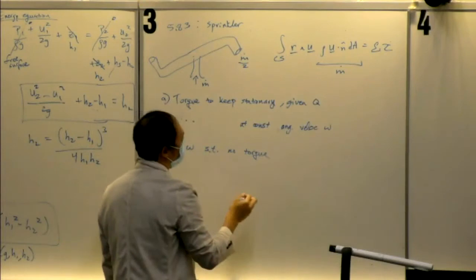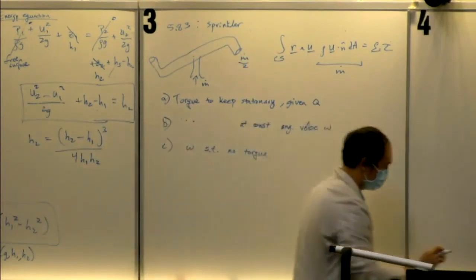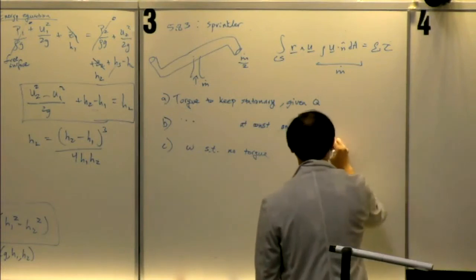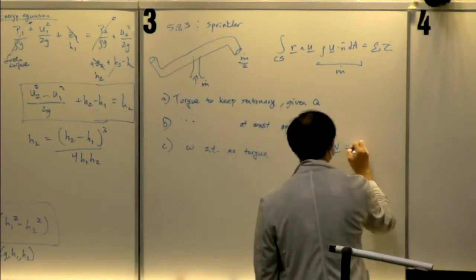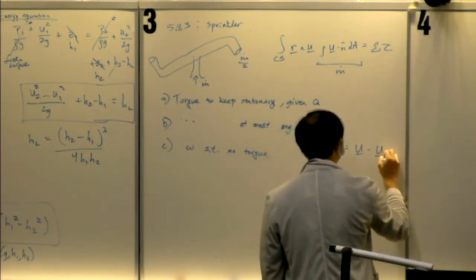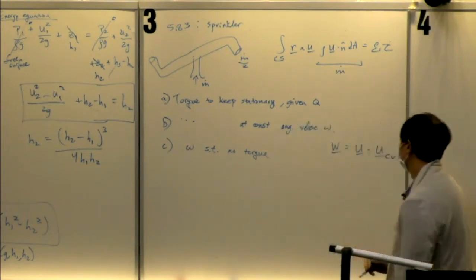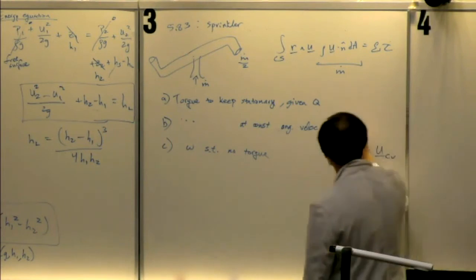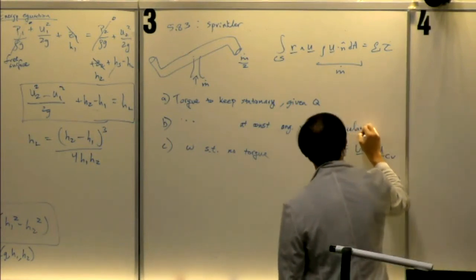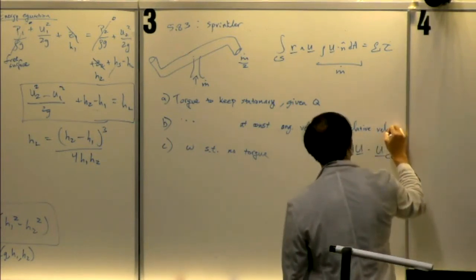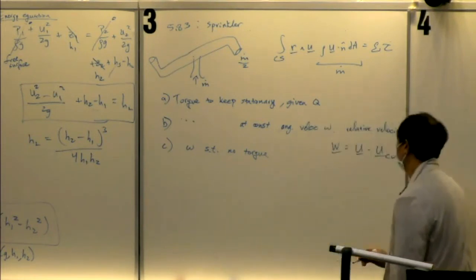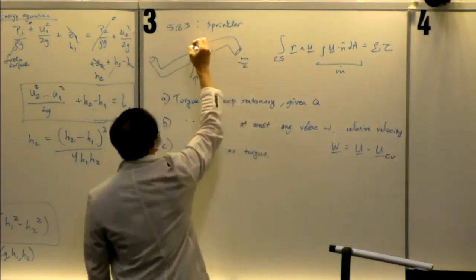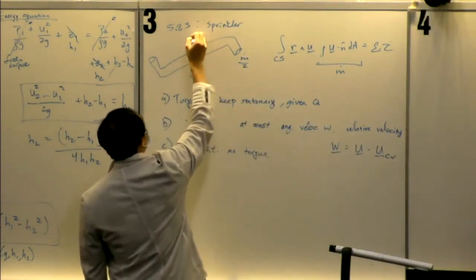Part B, you should make sure you practice at least once or twice. You necessarily have to use W equals U minus UCV. You have to use this definition of relative velocity. This one is going to rotate like this.